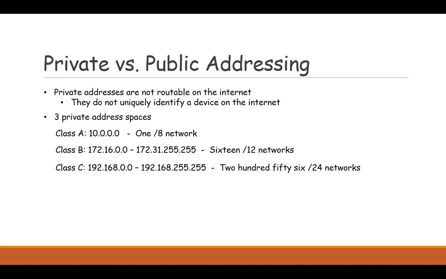And finally, Class C networks, which we're most commonly familiar with, are /24 networks, and the space available is 192.168.0.0 through 192.168.255.255, which provides for 256 Class C networks. Now, this might feel a bit strange because we don't often deal with classful routing anymore.